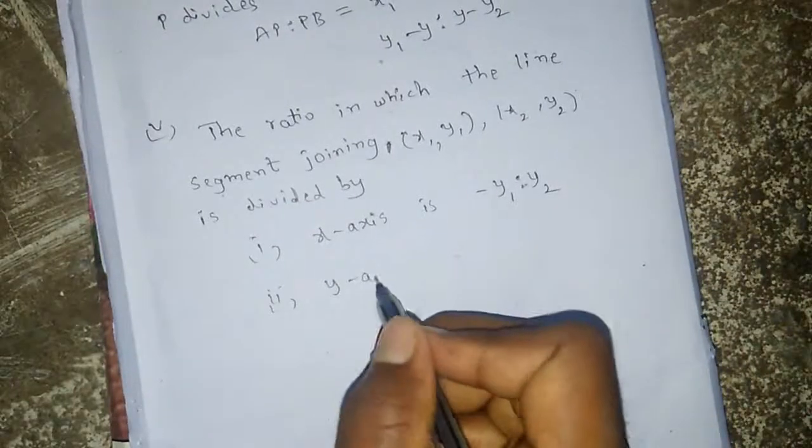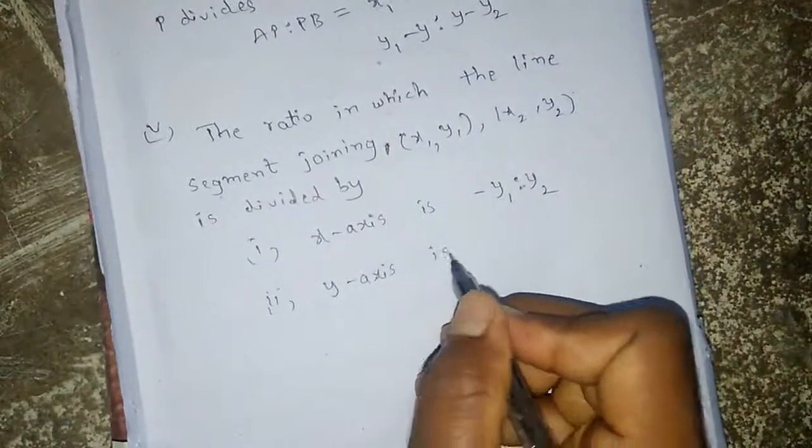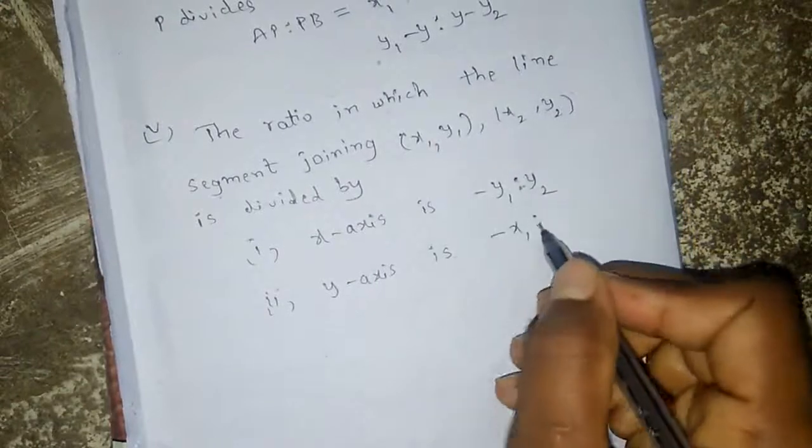Similarly, the y-axis divides in the ratio -x1 is to x2.